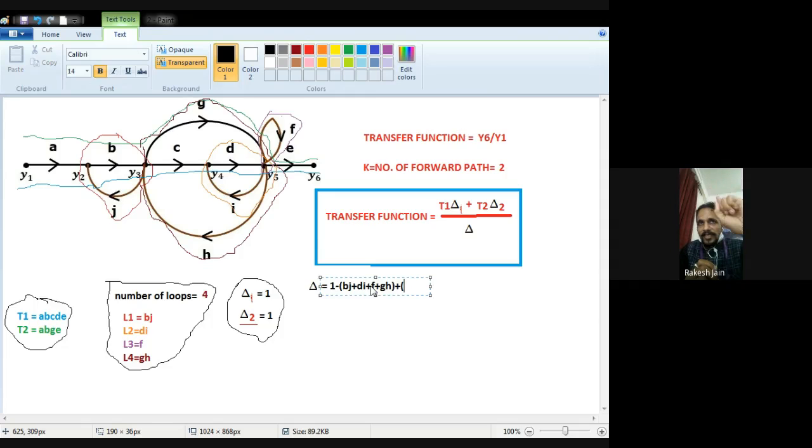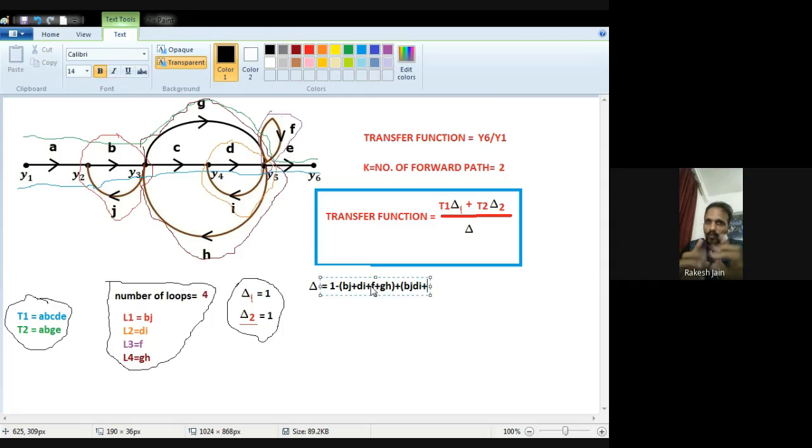As we know, what is the formula of del? We just follow the same formula as in the second PPT I showed you, and in previous simple numericals related to this topic we solved. What is del? The formula for del is 1 minus the sum of all the individual loop gains. So how many individual loop gains are there? BJ, DI, F and GH.